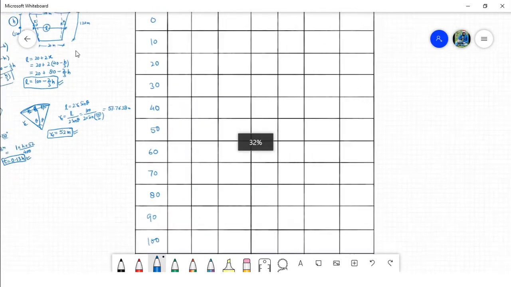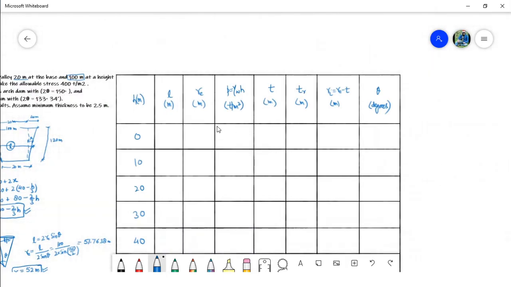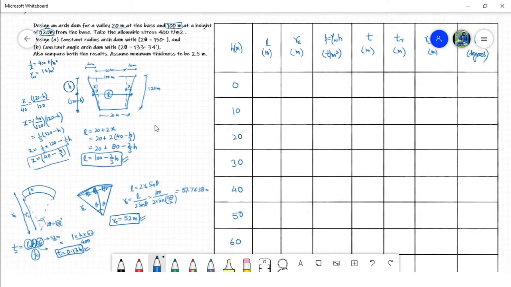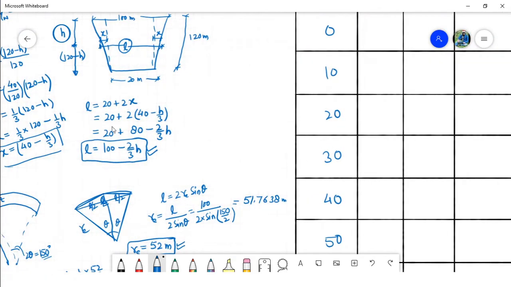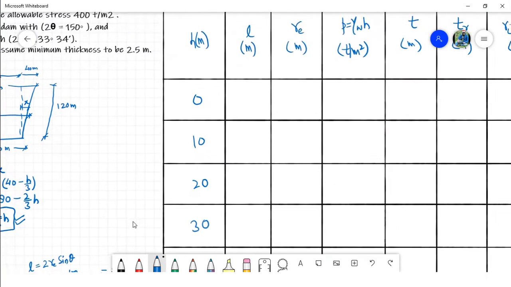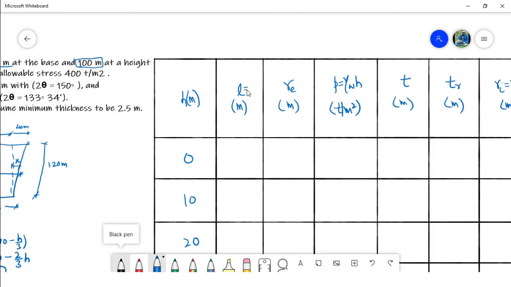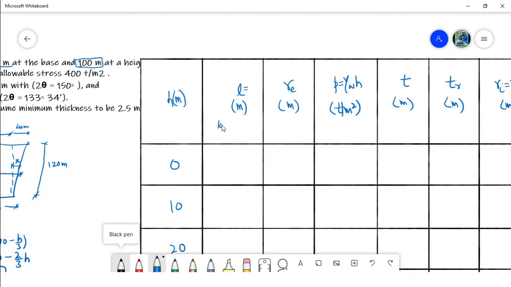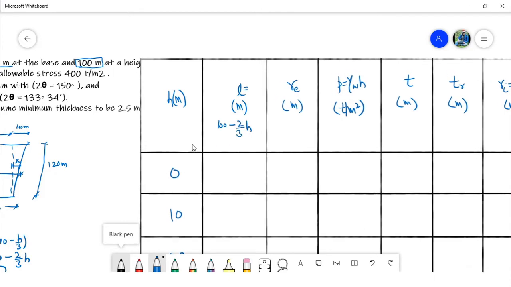Now the next column is the span L. How to calculate this span L? For that I have derived this expression. L is equal to 100 minus 2/3 of H. So let us write over here, this is equal to 100 minus 2/3 of H. How to calculate RE?